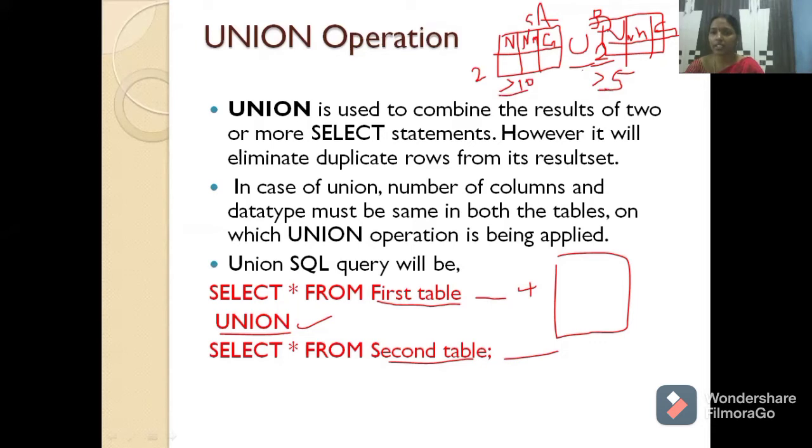Based on the condition, the union operation will be performed. By satisfying this condition, from this table consider only 1 row is there. From this table, two rows are there, but two rows are not satisfying the condition. So how many rows are there from this table? 0. 1 union 0 gives 1. Like that we can write any type of select statement here. The simple version is select star from first table name, union, select star from second table name.